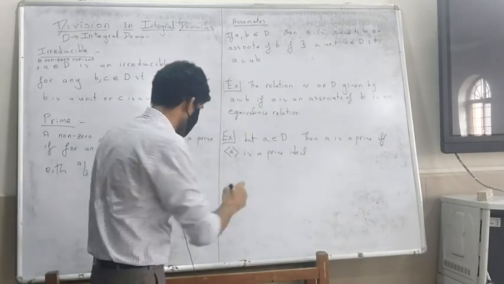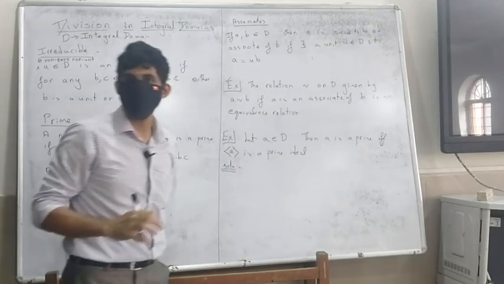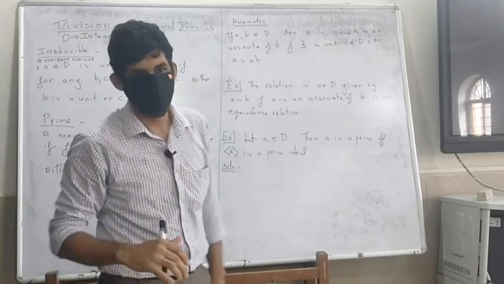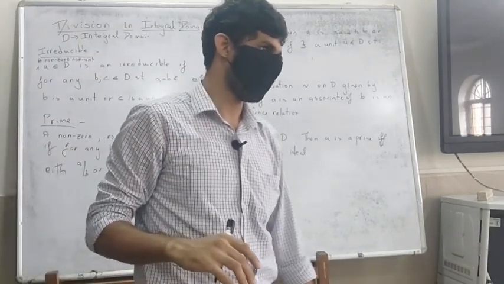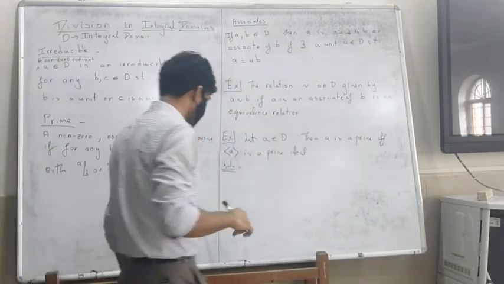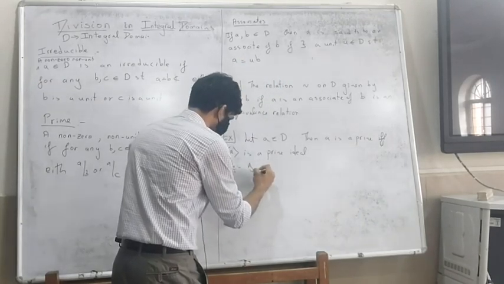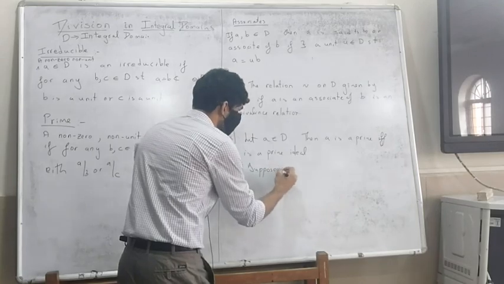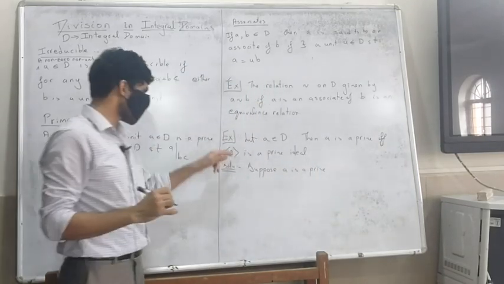Assume that A is prime. This helps us because we know certain properties of the prime ideals, so we can use that. So if A is a prime, I need to show that this is a prime ideal.